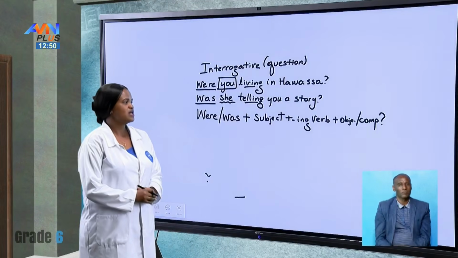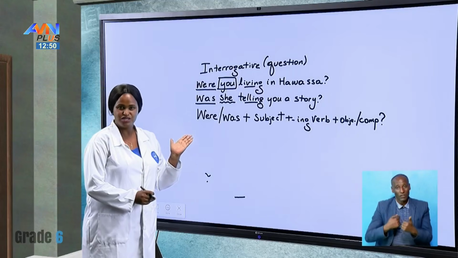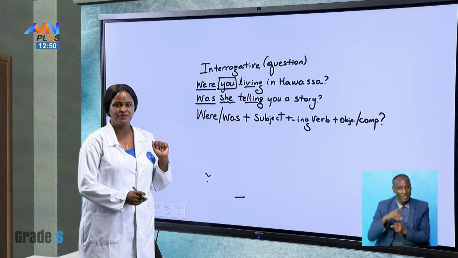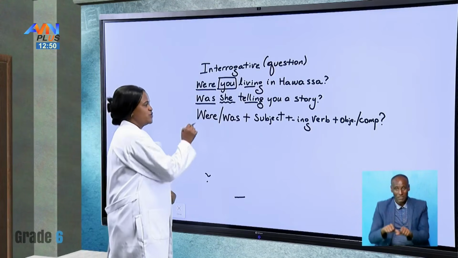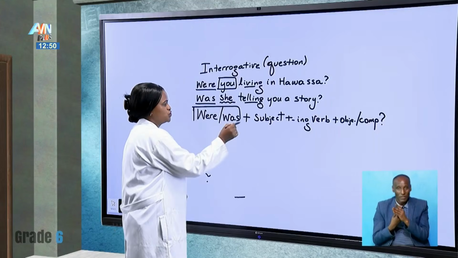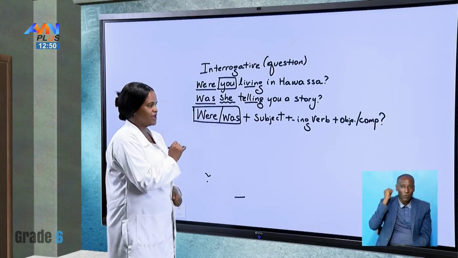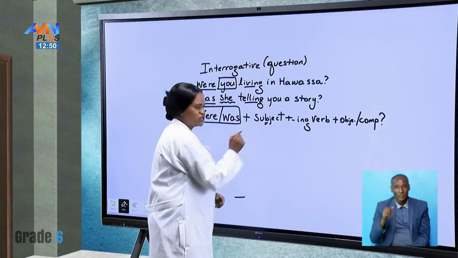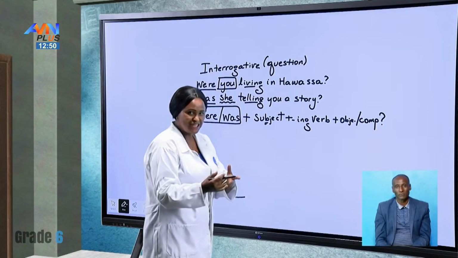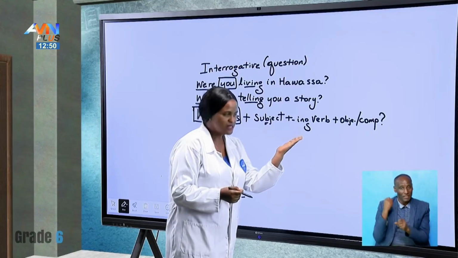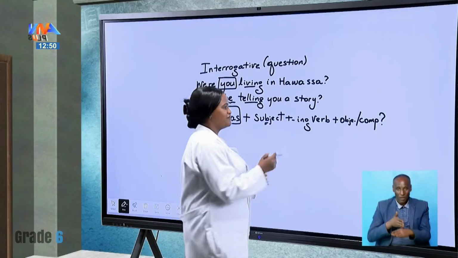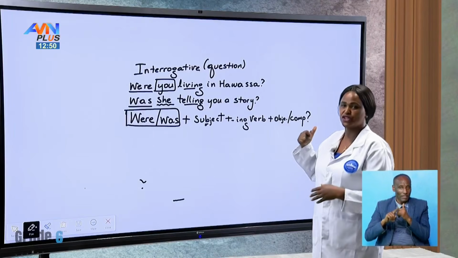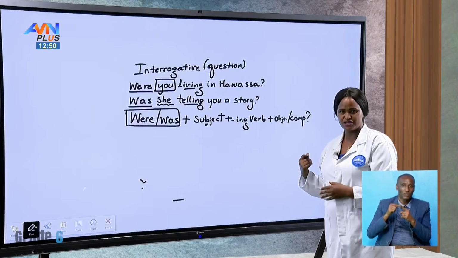Question mark. So, how do we make a question in the past continuous? Yeah, we begin with the auxiliaries. Was or were. Then, our subject follows our auxiliary, and then the action comes after the subject, and finally, we will go to the complement or the object.